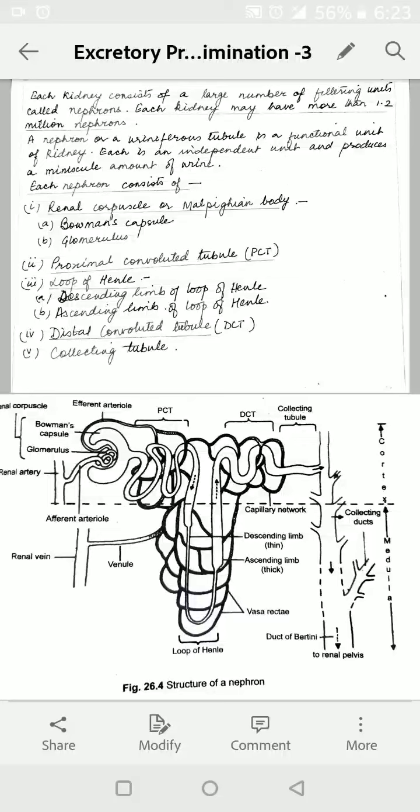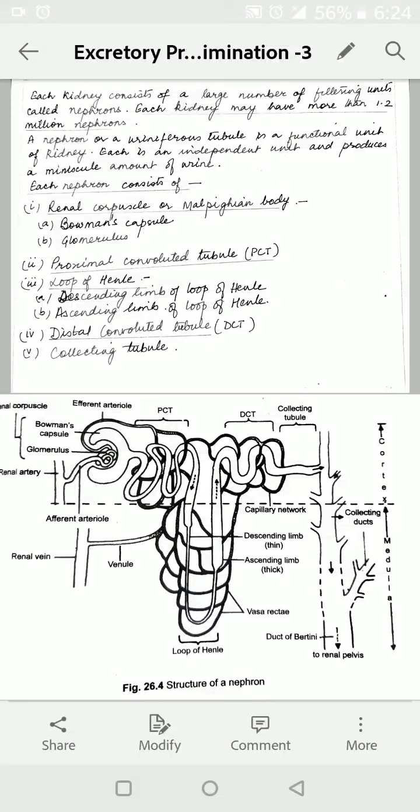As I have told you, each kidney consists of a large number of nephrons. Almost about 1.2 million nephrons are present in each kidney. This nephron is also called a uriniferous tubule, and it is the structural and functional unit of kidney.